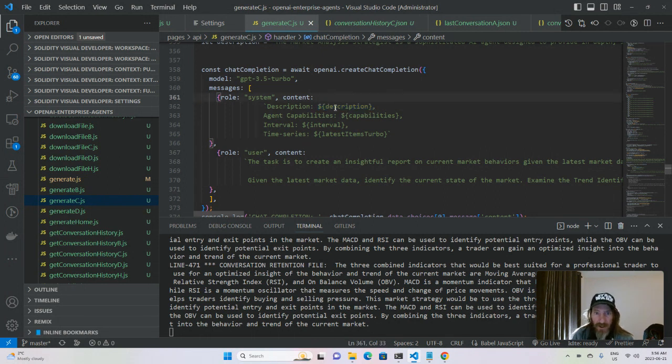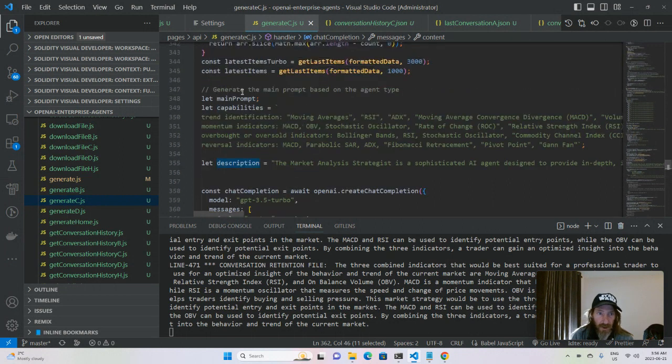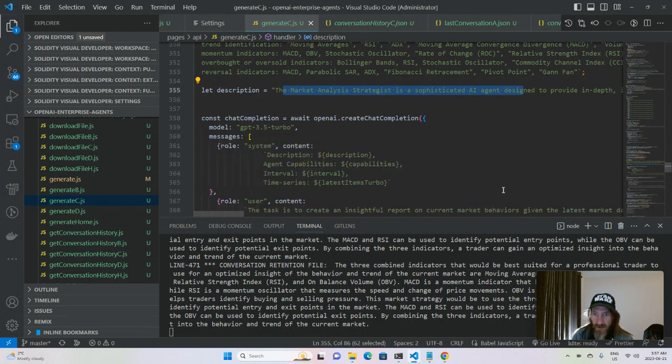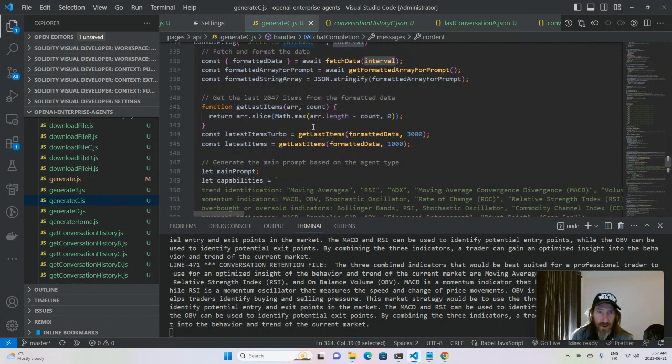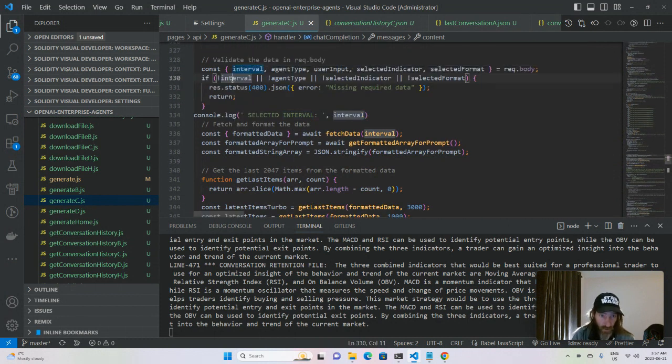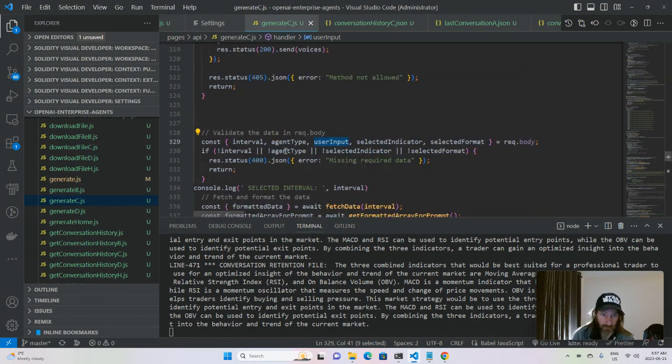It will take description. And what is description? It's this, so it'll put it there. What is interval? It's whatever's coming here. What is user input? Whatever's coming from here, right?